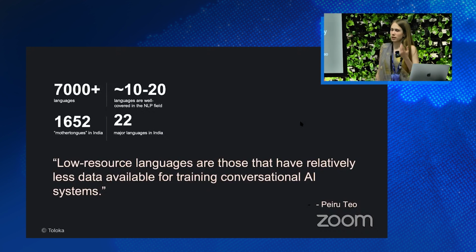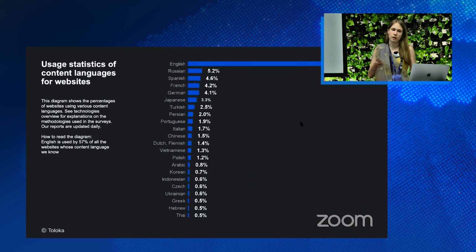And this problem with low resource languages is how they are presented in modern digitalization systems, in the World Wide Web. If you look at the chart that we collected, as you can see, the English language is 10 times more present online than other languages. And these languages on this chart are called high resource.